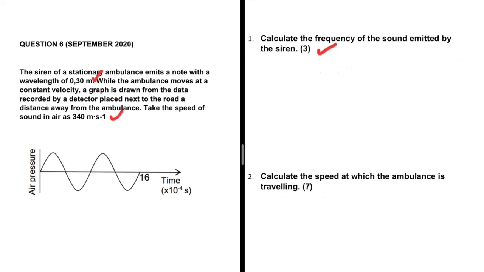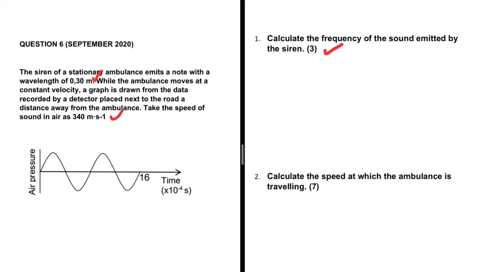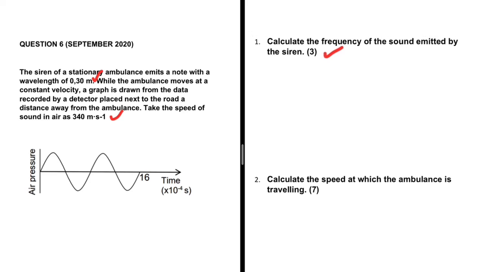Right, let's go back to our question and see how we can possibly answer it. Calculate the frequency of the sound emitted by the siren. The only information we have with regards to the sound emitted by the siren is the wavelength. We know that the wavelength emitted by the siren is 0.3 meters, right?